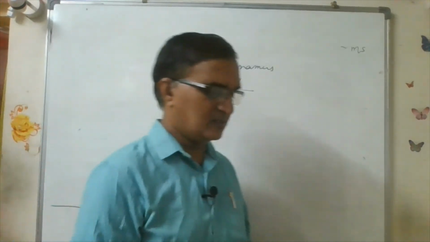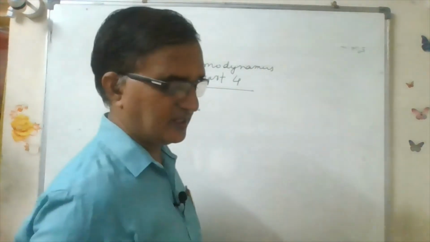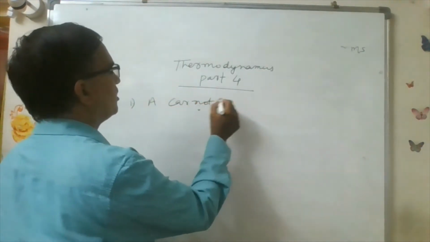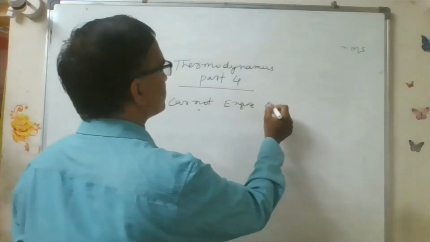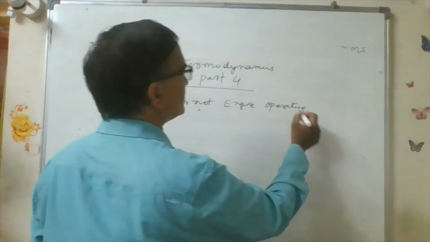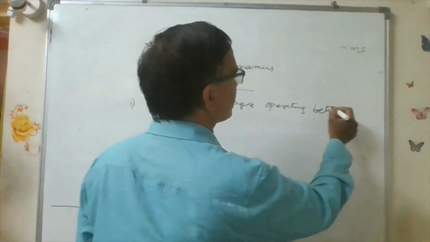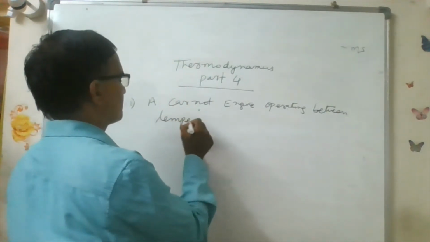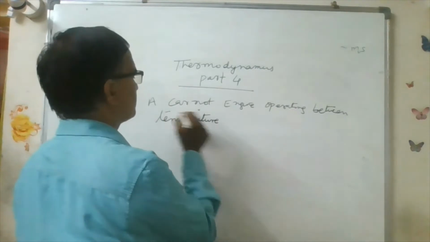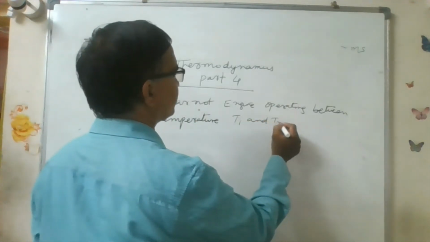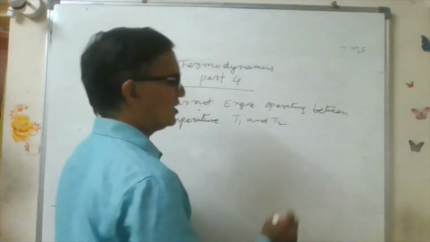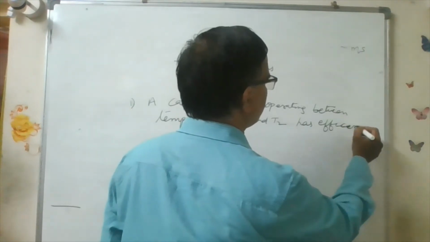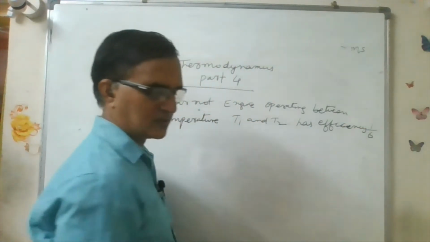problems based on this. Here, there is a Carnot engine. First problem: a Carnot engine operating between temperatures T1 and T2 has efficiency 1/6.